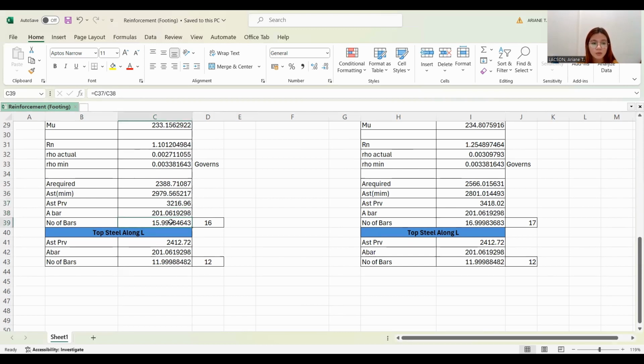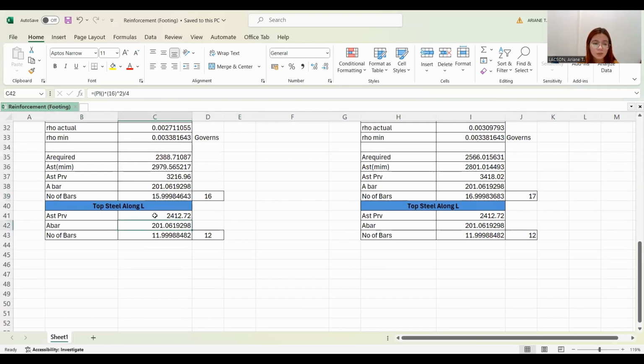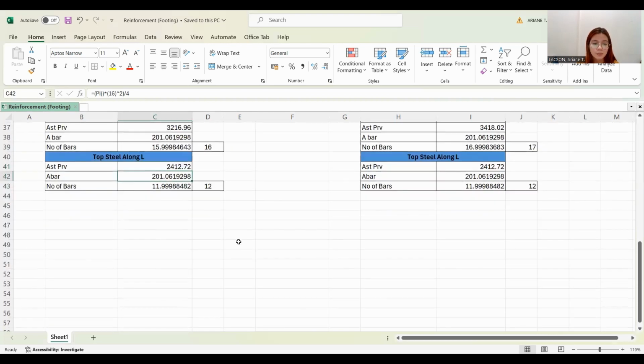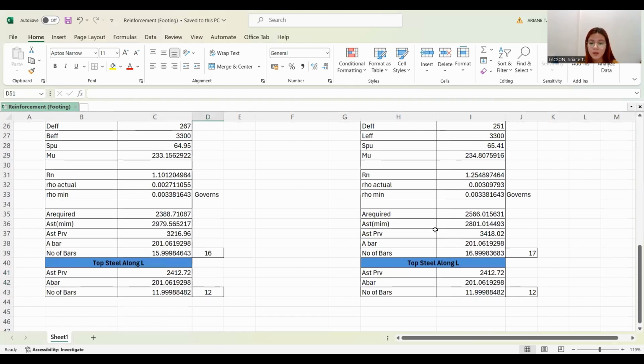And the number of bars were calculated using As over A bar. So the top steel along L is 2412.72. The bar is the same since we have the same diameter. And the number of bars here is 12.